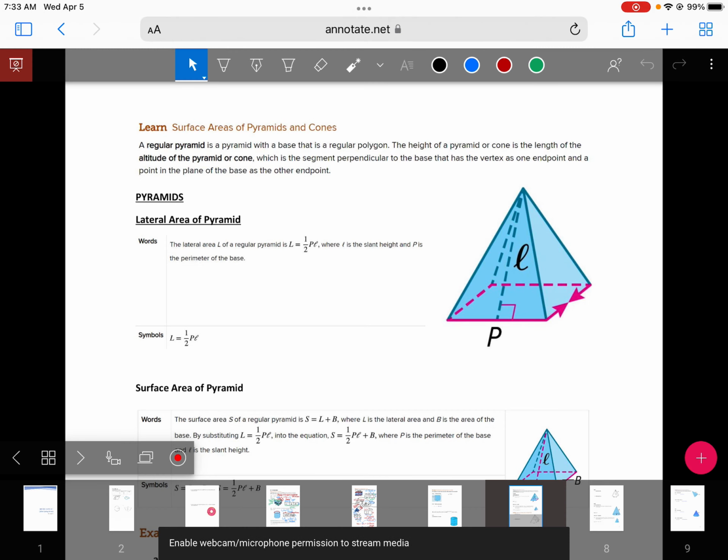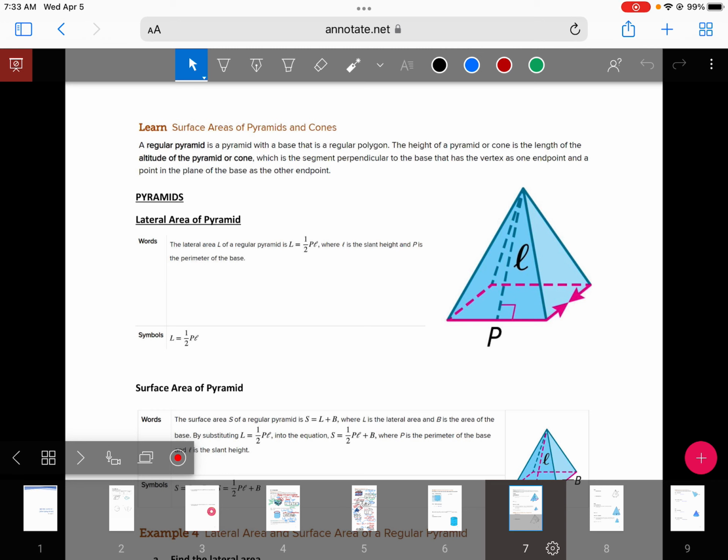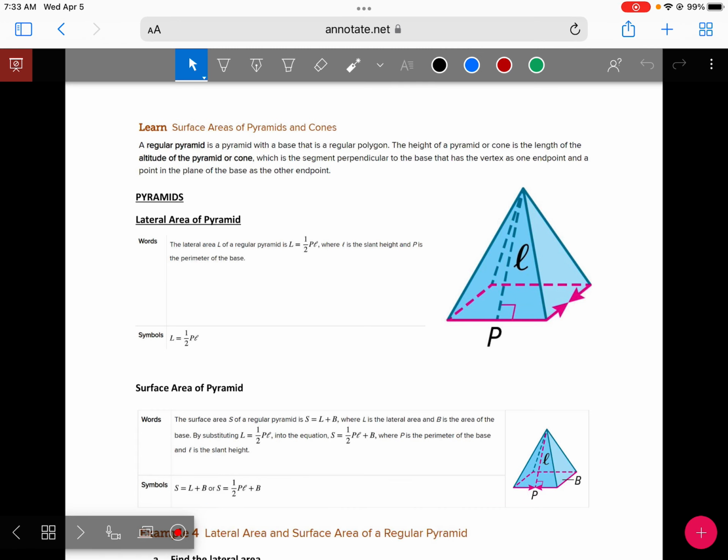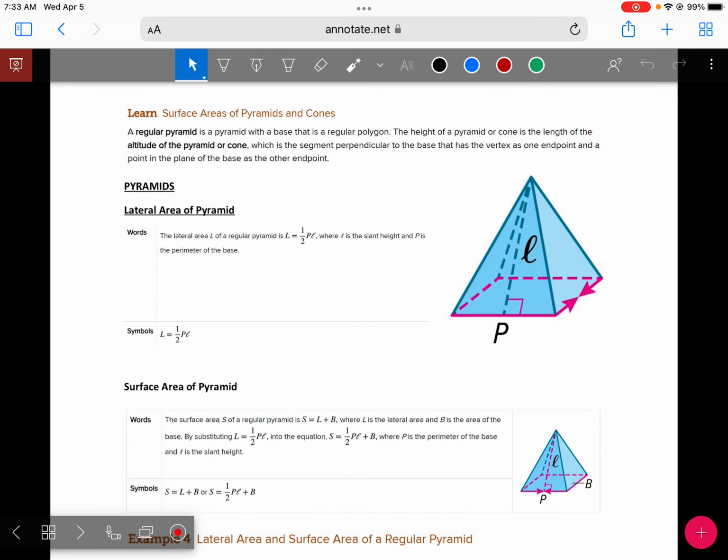Okay, so on page 13, is it at the bottom or the top of yours? Yes, the bottom.